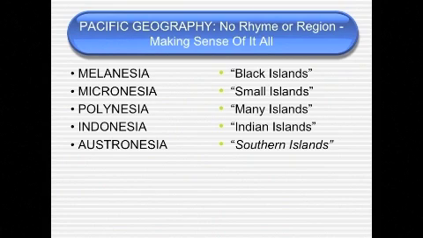However, we also have Indonesia, and of course our term Austronesia, which we're going to be looking at, from which Austronesian is derived. And of course we have the various translations of what Melanesia, Micronesia, Polynesia, Indonesia, and Austronesia mean. So when you see the nesias, now you can make sense of it all. Realistically, these are our general outline terms. So let's move on to the next.